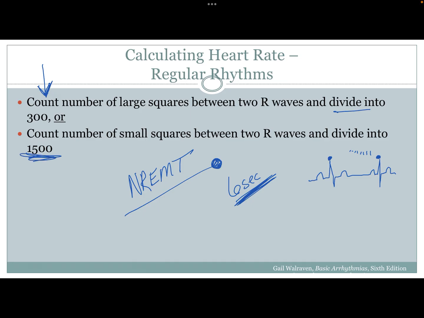So it really depends on how you want to do it. This is not as difficult as it used to be because they now allow you to use the calculator when you test. So you do have that ability.